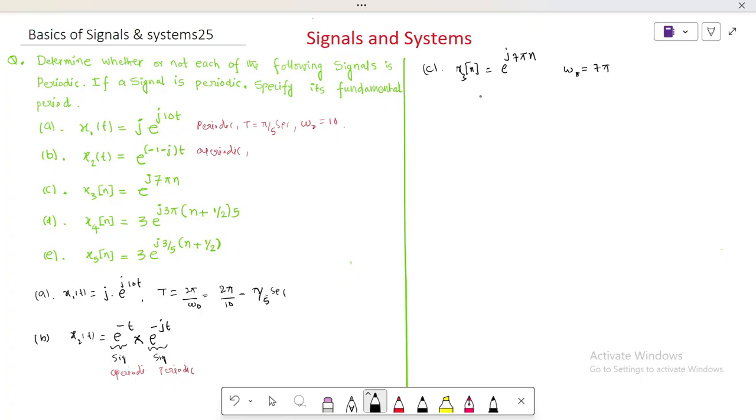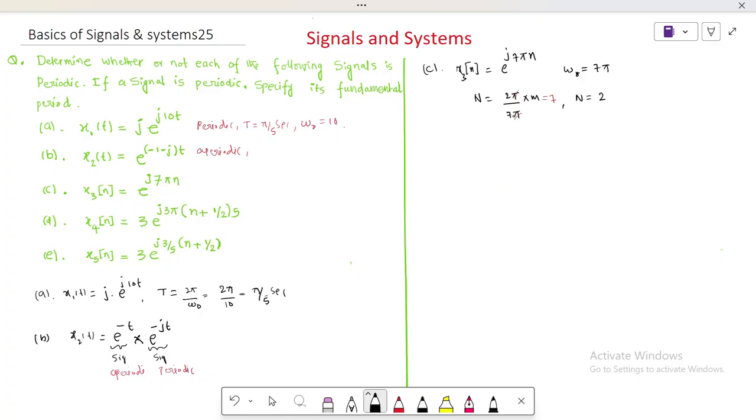So this is periodic. The time period equals 2 pi by omega naught into m, that is 2 pi by 7 pi into m. So pi gets cancelled, and 7 must be cancelled, so we should take m equal to 7. Then the resultant n equals 2.